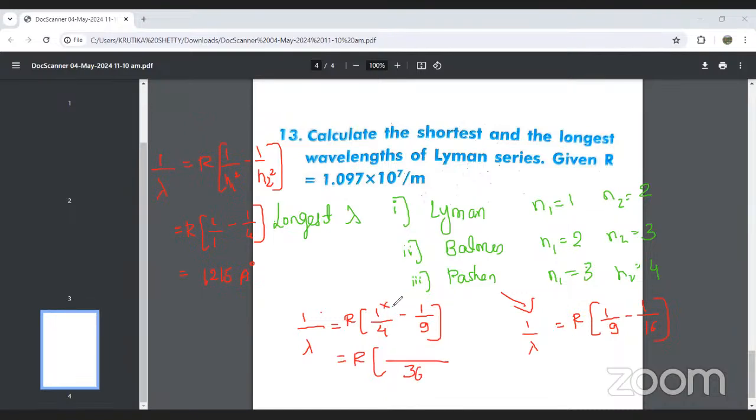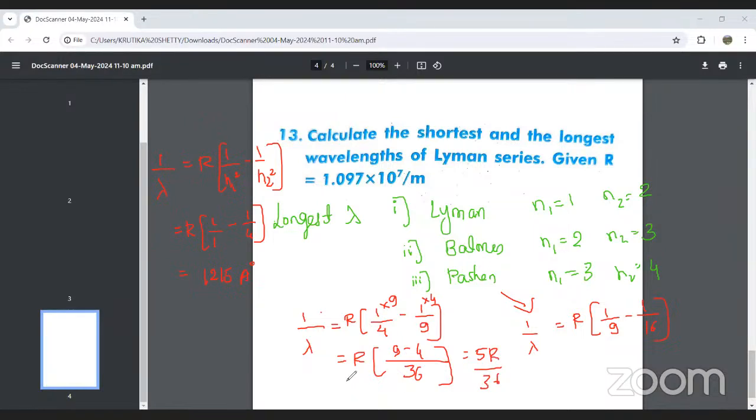So here it is 9 and here it is 4. So here it is 9 minus 4. 9 minus 4 is how much? 5. 5 by 36. That is 5r divided by 36.